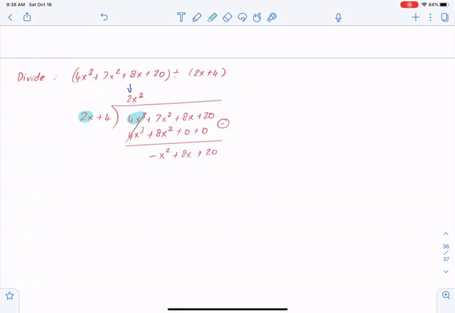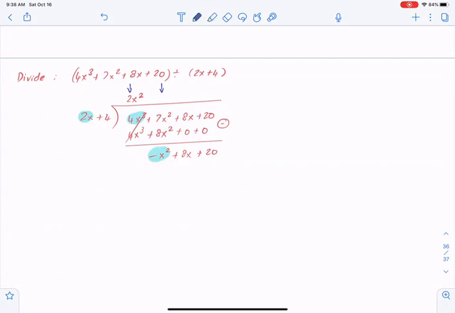So I've got to multiply the first term of the divisor by some expression or number over here so that I get negative x squared.